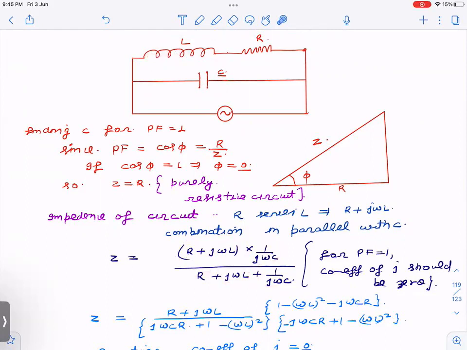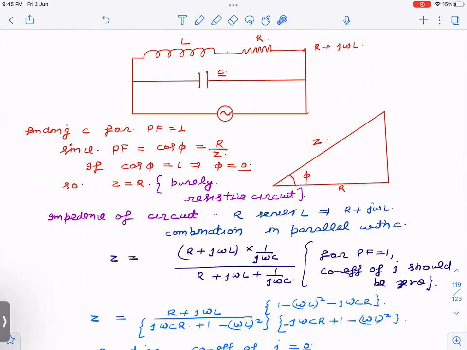Suppose, imagine there's a resistance here, another resistance here. So R1 plus R2, and this combination is in parallel. How much does this combination have? R plus j omega L, right? So this combination and that combination are in parallel. I hope you understand.